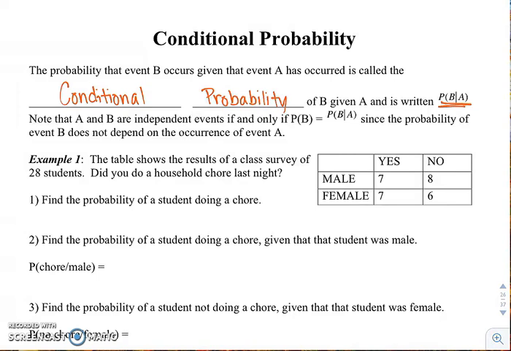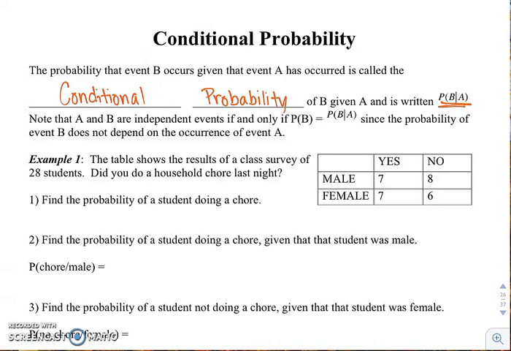A and B are independent events if the probability of that second event equals the conditional probability, because that second event doesn't depend on the occurrence of the first. It sounds a lot more complicated than it is.